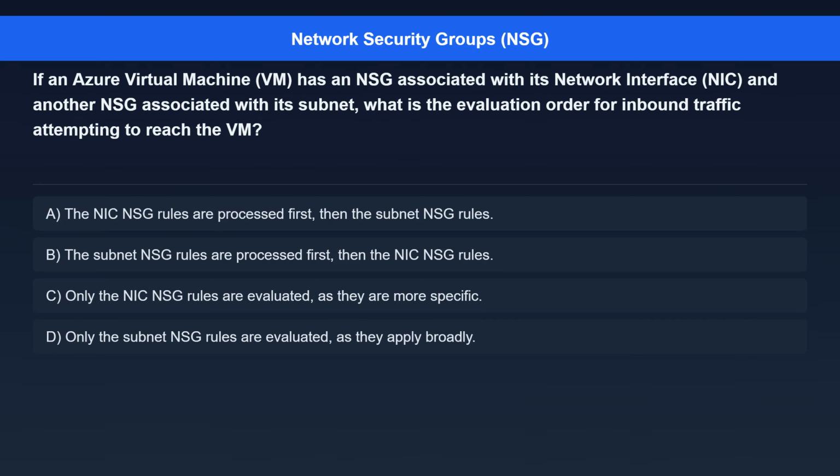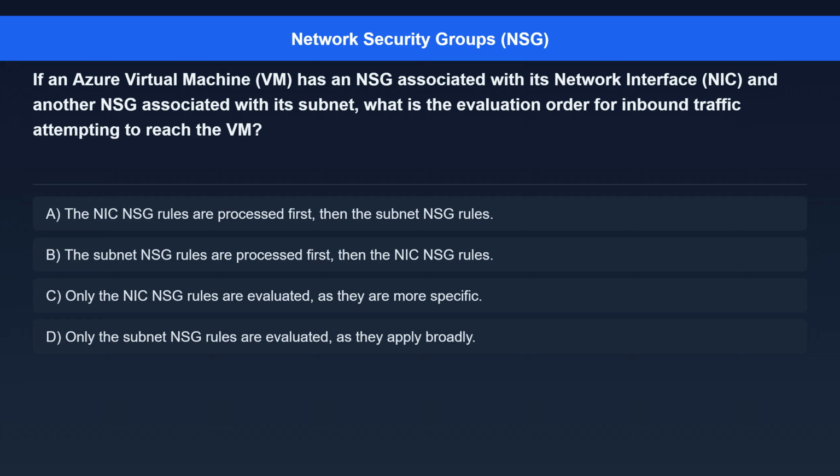Question 6. If an Azure Virtual Machine, VM, has an NSG associated with its network interface, NIC, and another NSG associated with its subnet, what is the evaluation order for inbound traffic attempting to reach the VM? Option A. The NIC NSG rules are processed first, then the subnet NSG rules.